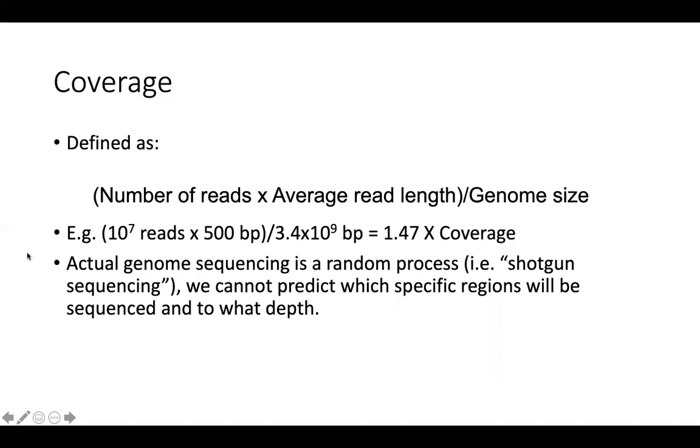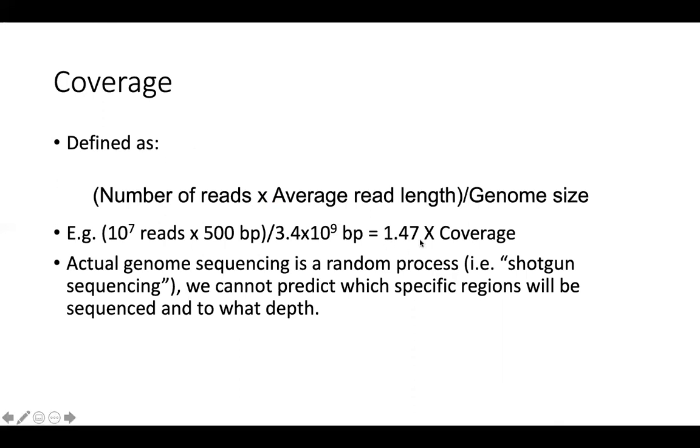However, you have to remember that with shotgun sequencing, the actual sequencing is a random process. So we cannot predict which specific regions will be sequenced and to what depth.